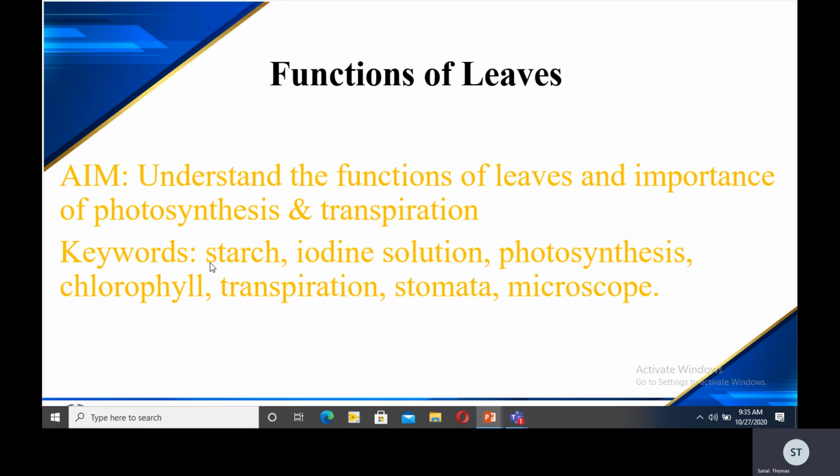Keywords you are going to learn are starch, iodine solution, photosynthesis, chlorophyll, transpiration, stomata, and microscope.